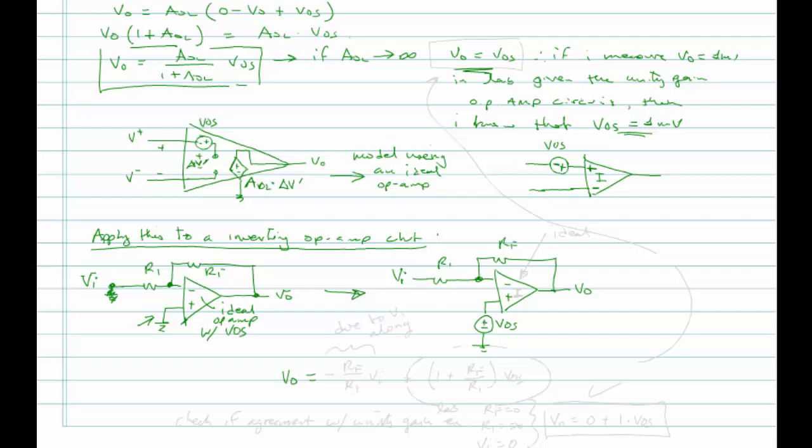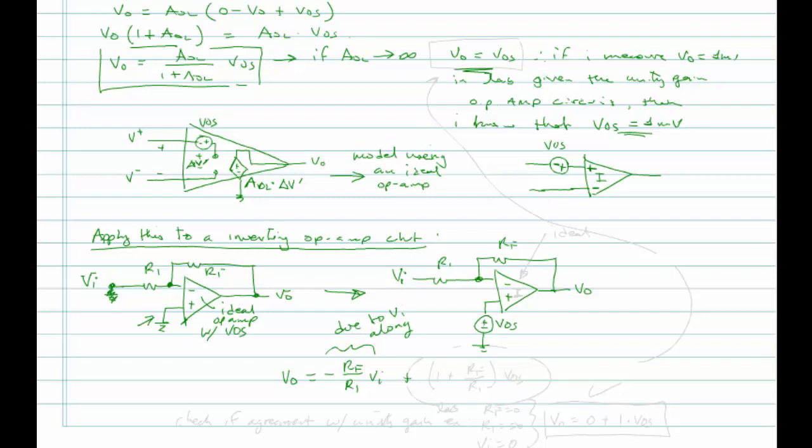So I have two sources. If I turn on just VI and turn off VOS, I have an inverting op-amp, right? And that's going to give me minus RF over R1 times VI. Okay, this is due to VI alone. Now I turn off VI and look at just VOS.